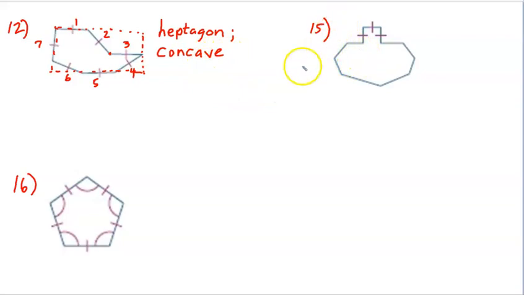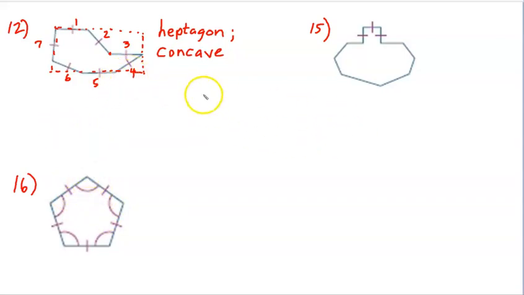So if you can do an outline all around this shape, it might make it easier. Maybe you don't need to do this, but a true polygon should be enclosed all the way around on the outside, like number 16, for example. That would be convex.